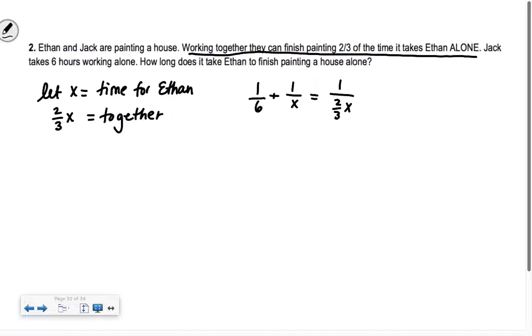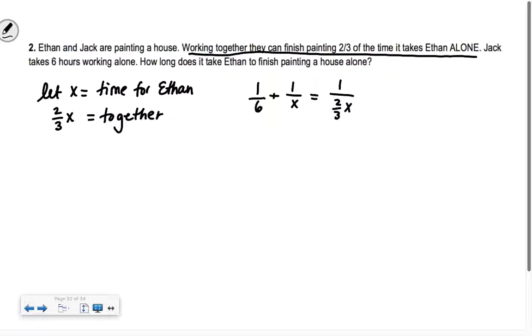You could simplify that: 1 divided by 2x over 3 is 1 times, and you can flip it, so you could say 3/2x. It's the same thing. So if it bothers you that it has that complex fraction, then just simplify it. It's fine. Or you can just go with it.